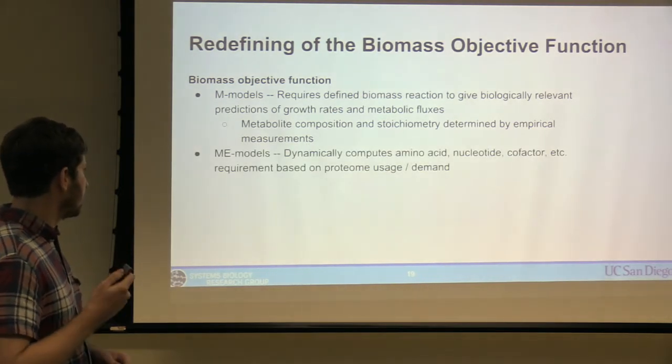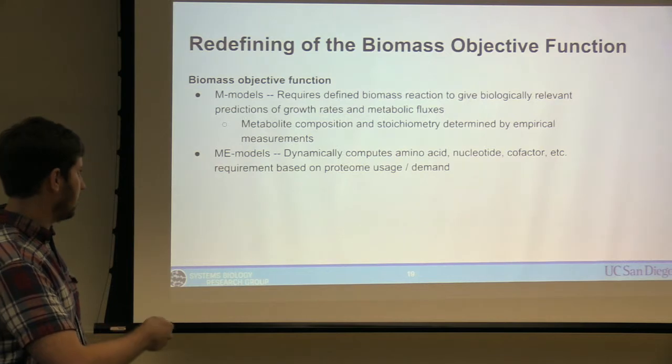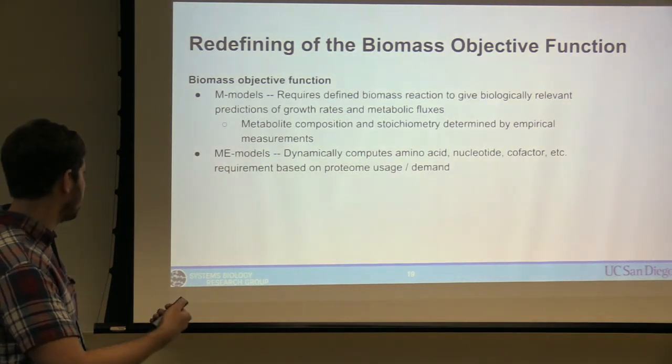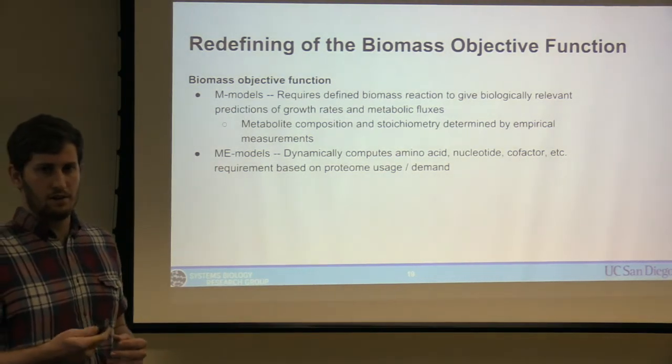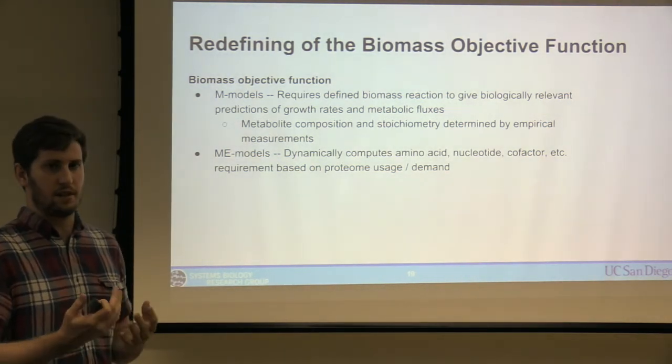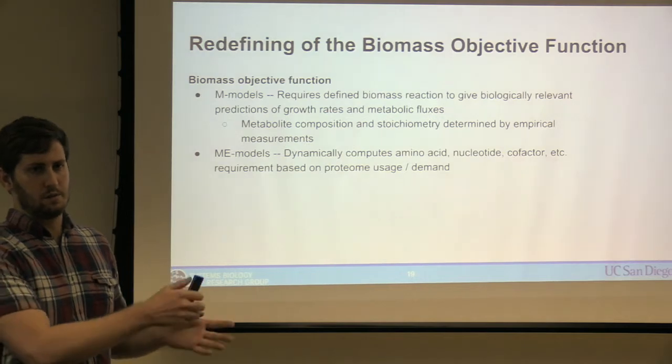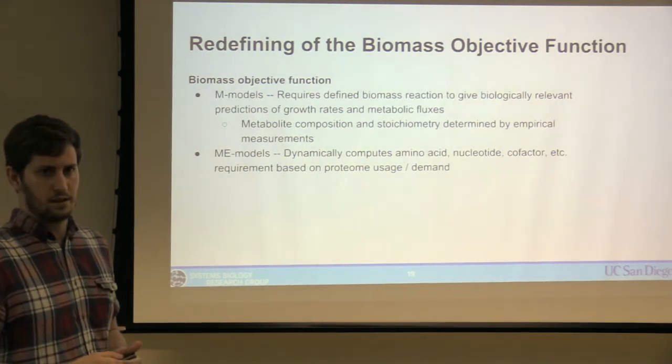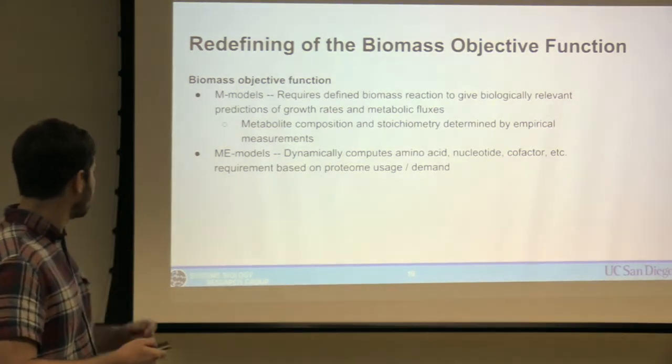The ME model, however, is going to dynamically compute all of the different amino acid, nucleotide, cofactor, etc. demands on those major components as a result of having to actually synthesize all those major macromolecules, the proteins and the RNAs and everything else.